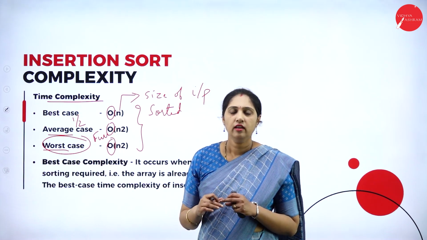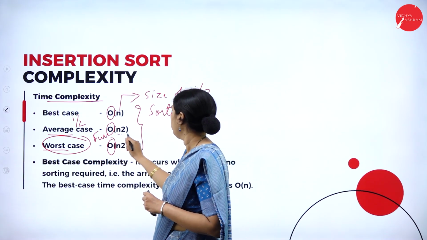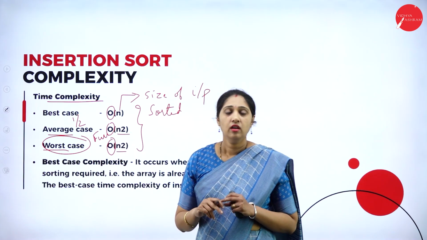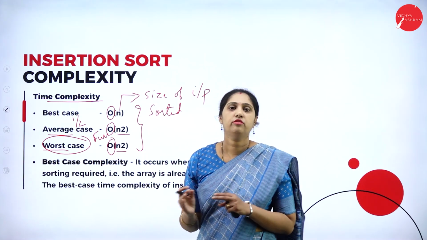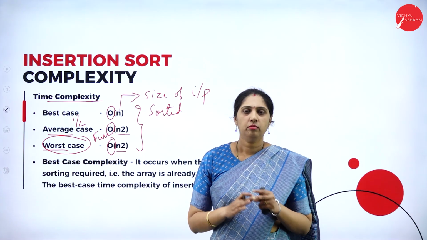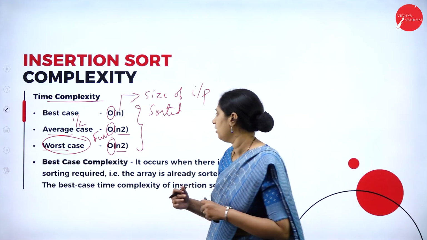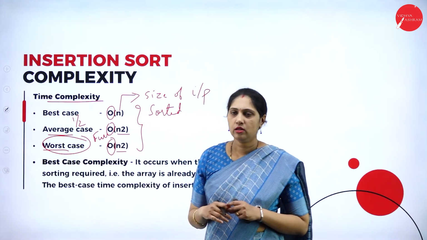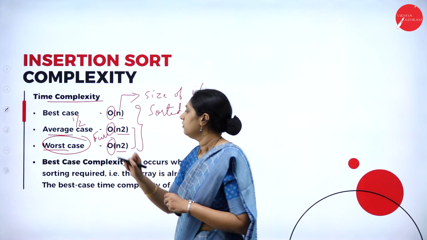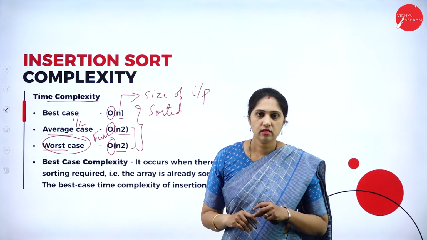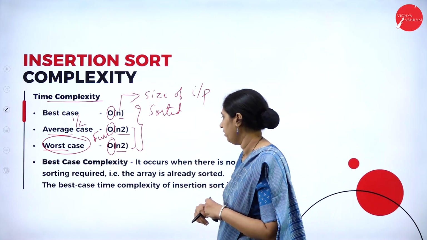We assume that it is big O of n square because of 2 times: one is comparing the elements and the other is shifting to the appropriate position, meaning insertion is done. So it is double n square. Here it is n, whereas for average case and worst case, it is n square.